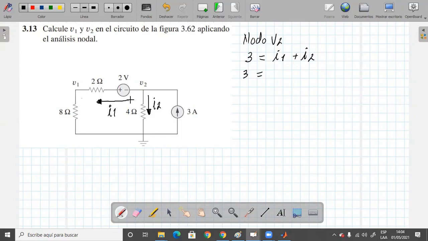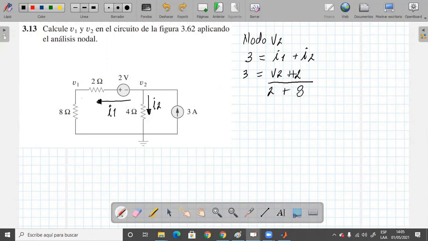The current I1 has the voltage V2 along this path, which is exerting a force, but the voltage of this source that is here is also exerting a force over there, plus 2 volts. So V2 plus the 2 volts, over the resistances, that would be 2 plus 8.